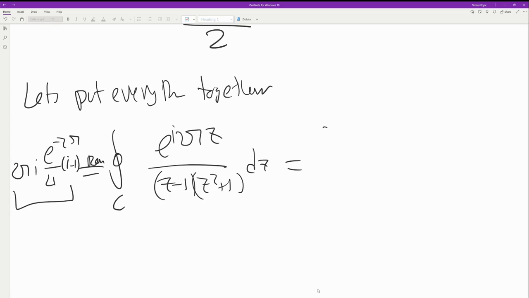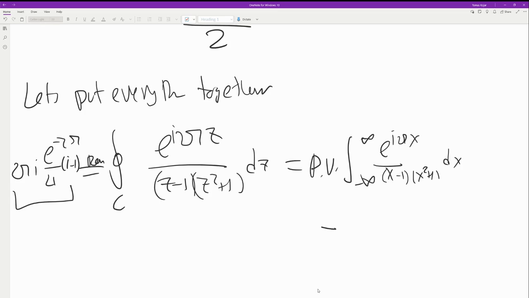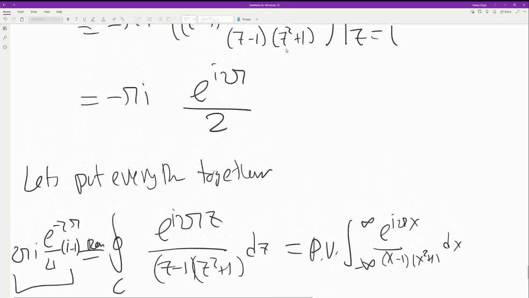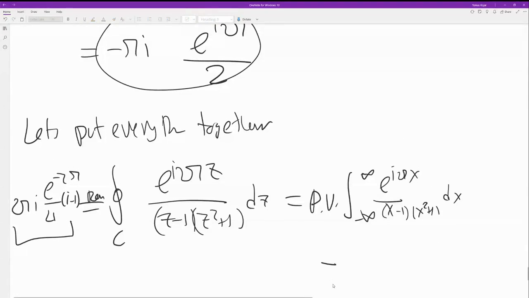And then if we take all the limits, we have our principal value, our desired integral, e to the i 2 pi x over x minus 1 dx, and then the thing we just found, which is minus pi i e to the i 2 pi over 2.